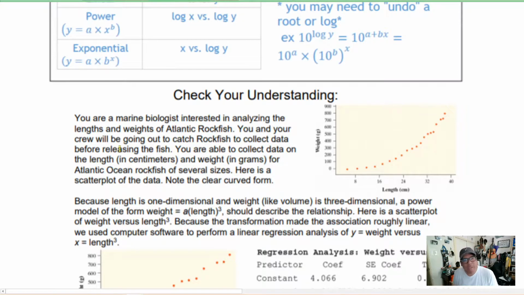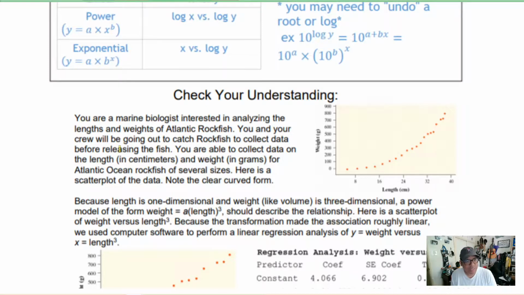You're a marine biologist interested in analyzing the lengths and the weights of Atlantic rockfish. You and your crew will be going out to catch rockfish to collect data before releasing the fish. You will be able to collect data on the length and the weight of Atlantic Ocean rockfish of several sizes.